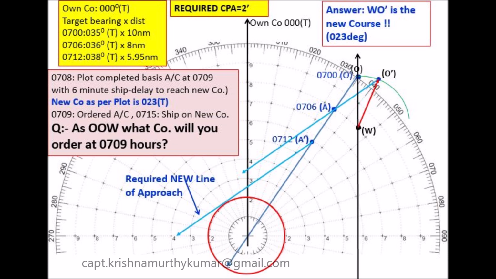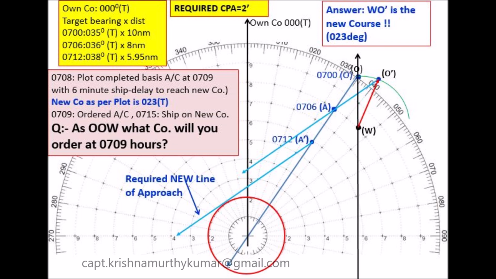So what we do is, 0709 to 0715, halfway mark, plot the future position of the ship at 0712, draw the required new line of approach to the CPA circle, transfer it backwards, and then find the course to alter.